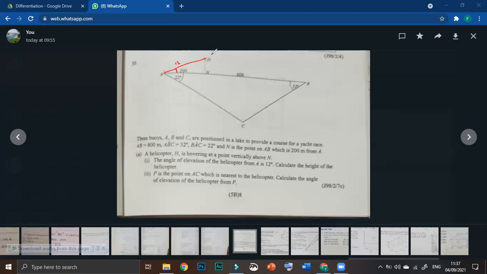We want to find out the height, this length, the height of the helicopter. Now, which triangle will we use to find out the height of the helicopter?